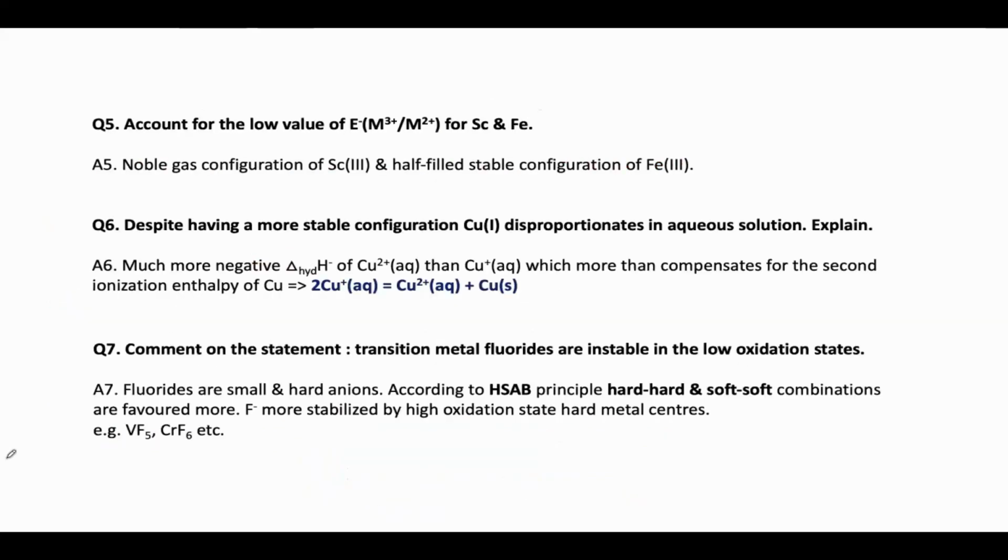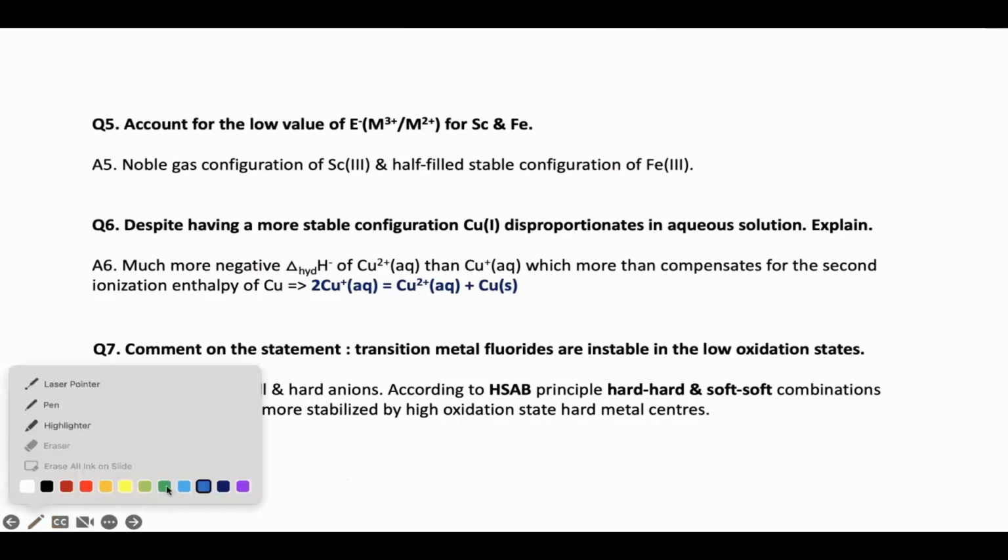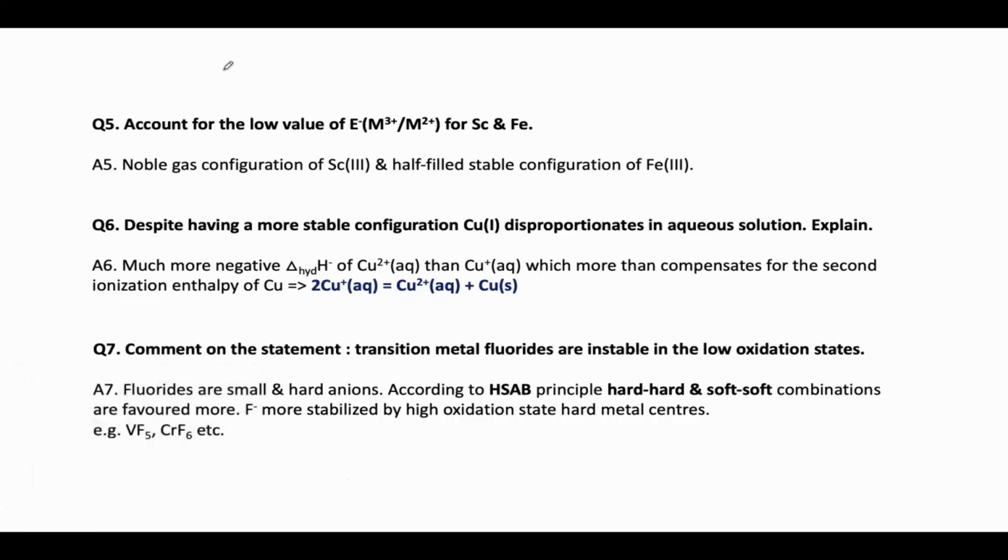Next, account for the low value of E0 for M3+/M2+ for scandium and Fe. So here also the electronic configuration is the key to answer such a question. Whenever you are asked such a question, your approach will come through the path of the electronic configuration.